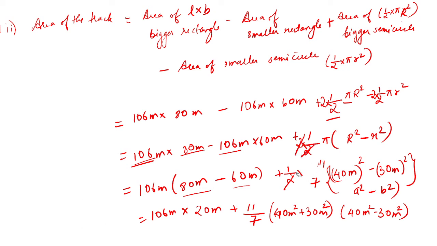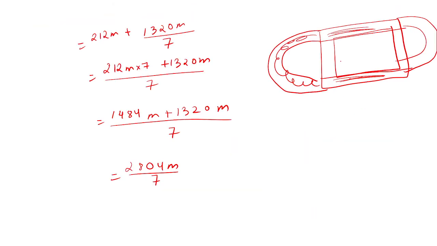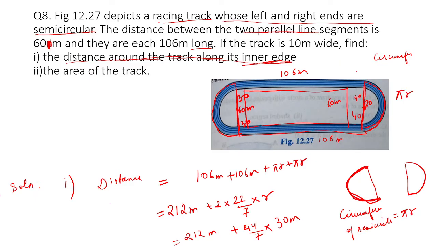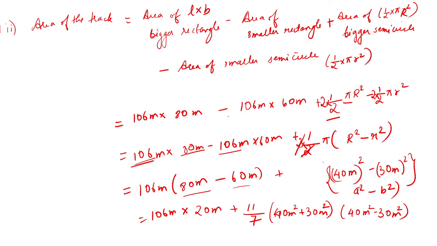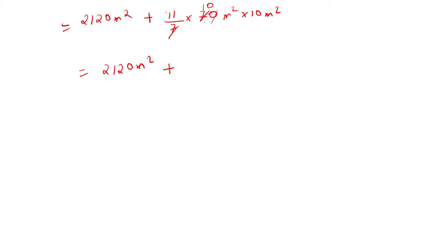Alright, so you're clear with that, okay, because we have 2 areas of a semicircle, one on this side and the other, so 2 bigger semicircles and 2 smaller semicircles. So you'll be left with, this becomes 22 by 7, okay. So finally this is going to be 22, so it's going to be 2200 meters square.